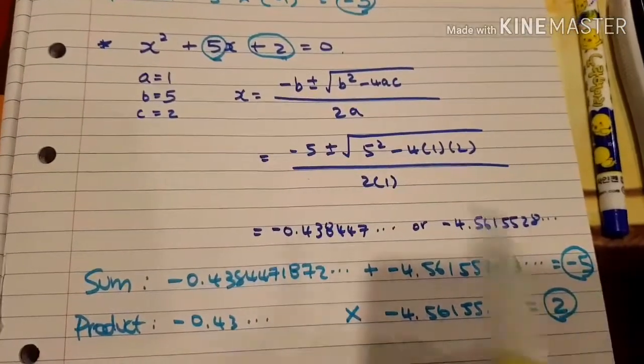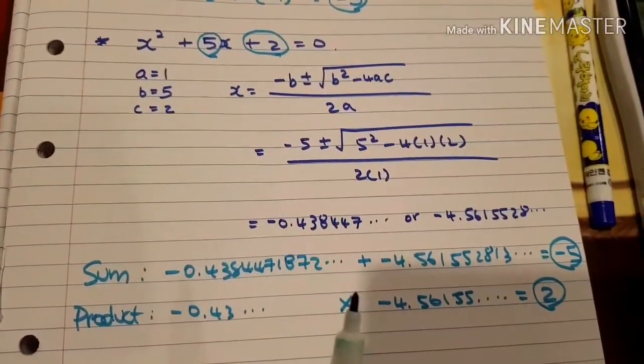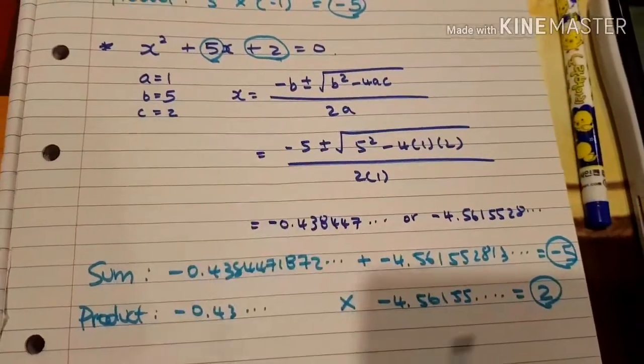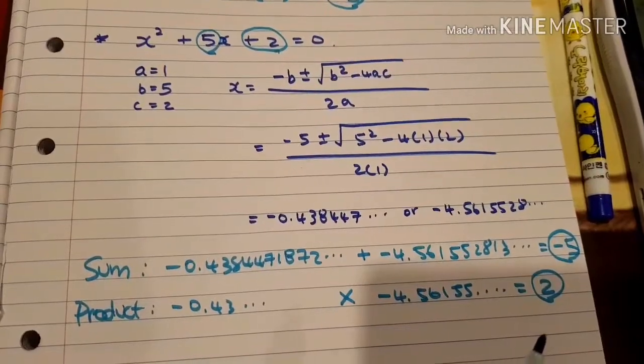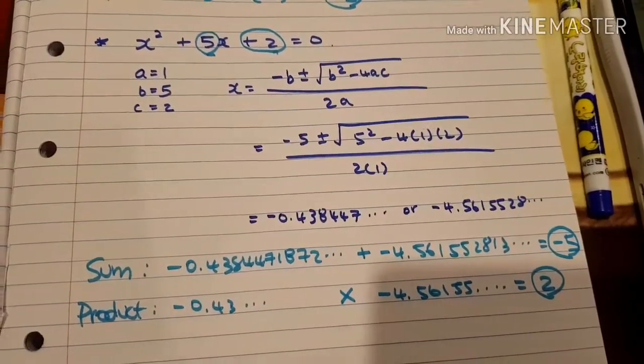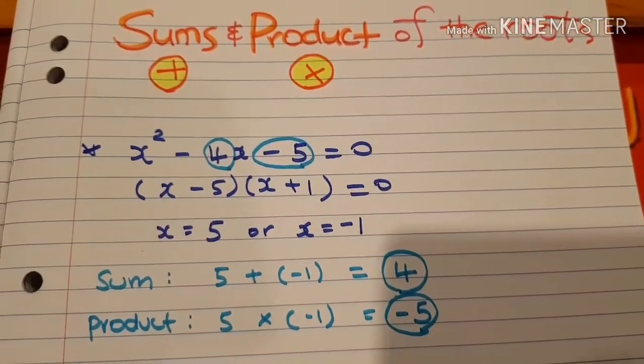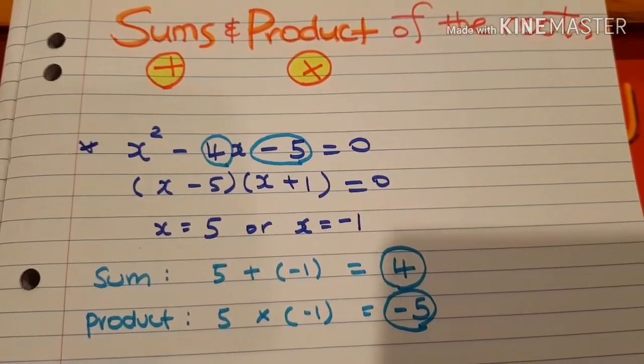Here I get the same coefficient but different sign, and exactly the same number as the constant. Okay, so there you go. This is what the sum and product of the roots is about. So this is a rule.